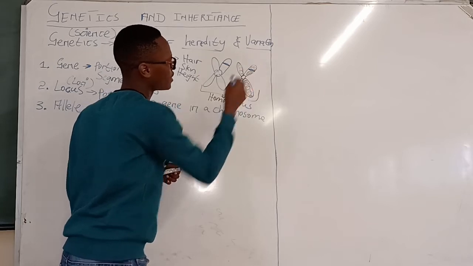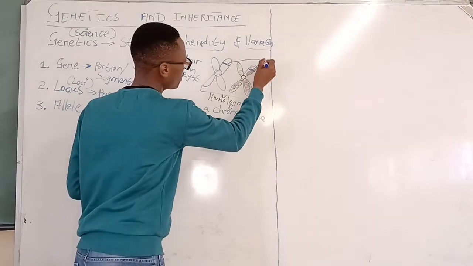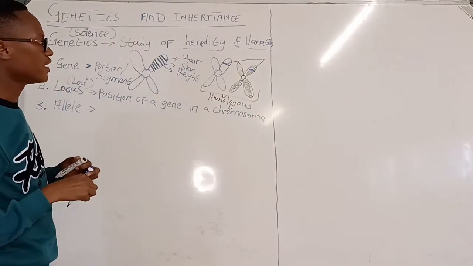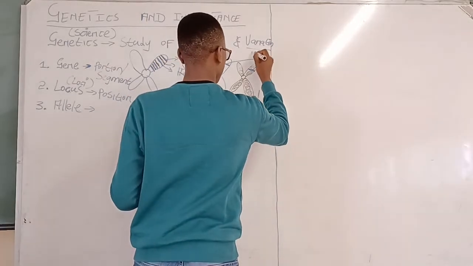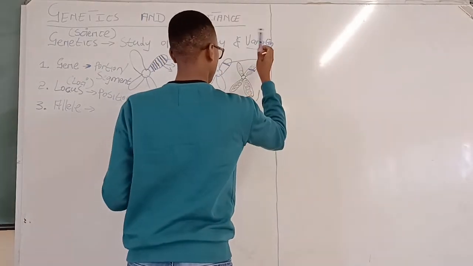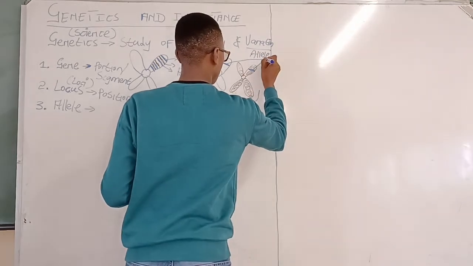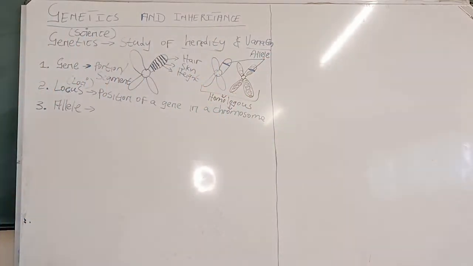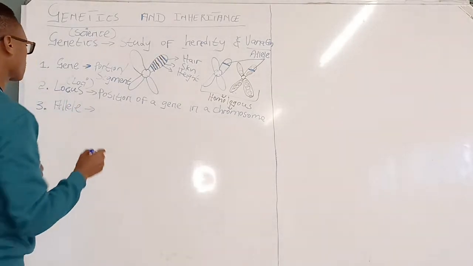Since it is found in the same position, or the same locus, that's why we call it an allele, because it's found in the same position in homologous chromosomes.